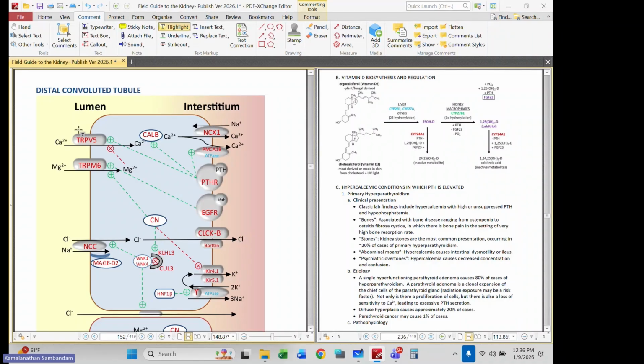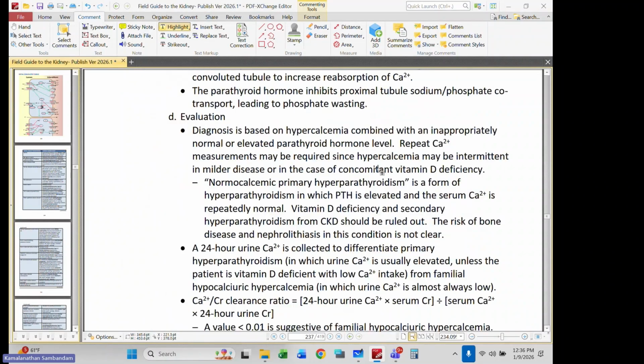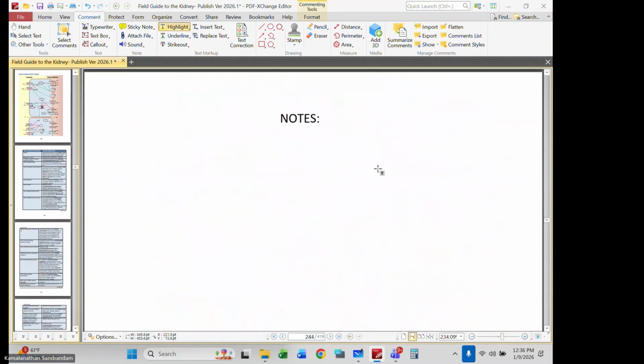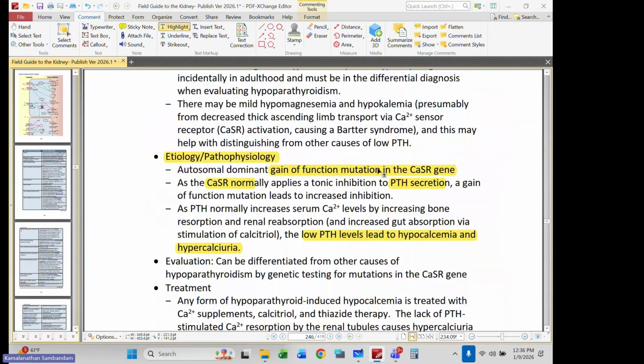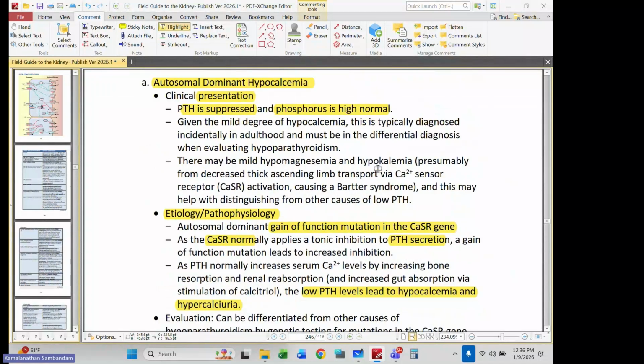So patients with low PTH are predisposed to hypercalciuria. If you also have this gain of function mutation of the calcium sensing receptor, that tendency to hypercalciuria is magnified. But again, most patients with a hypocalcemia from a low PTH will be predisposed to this hypercalciuric complication, kidney stones.